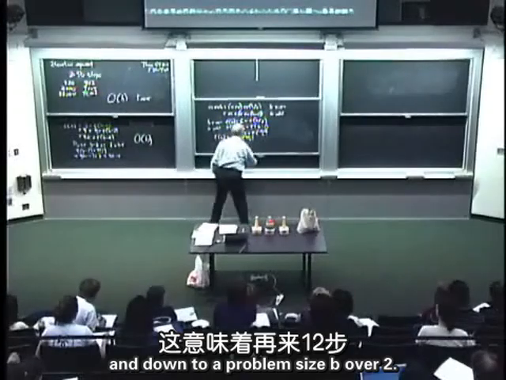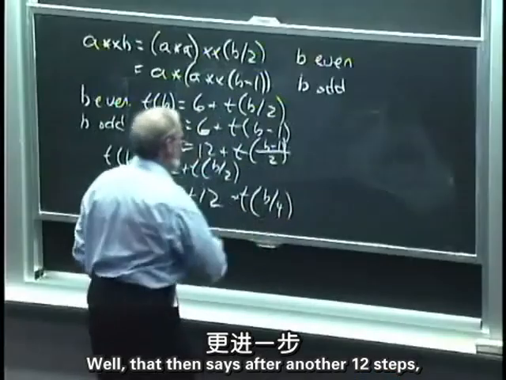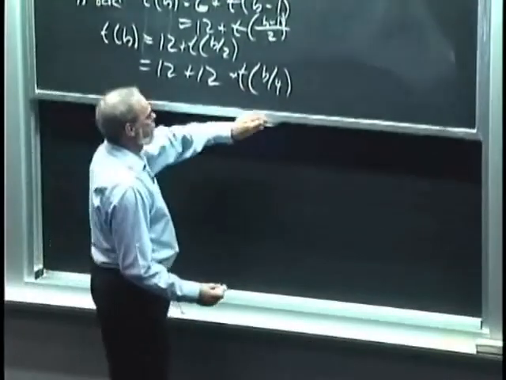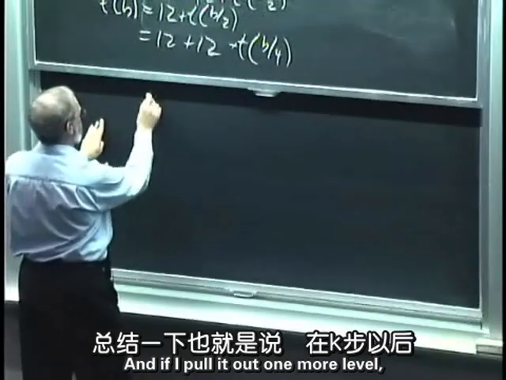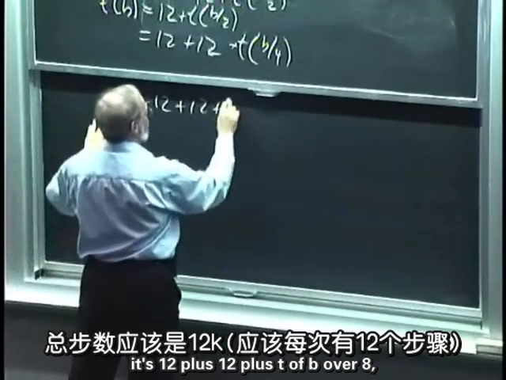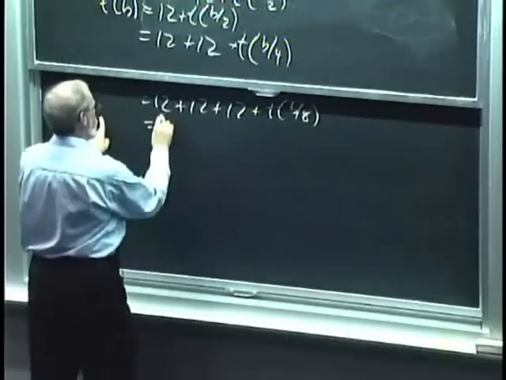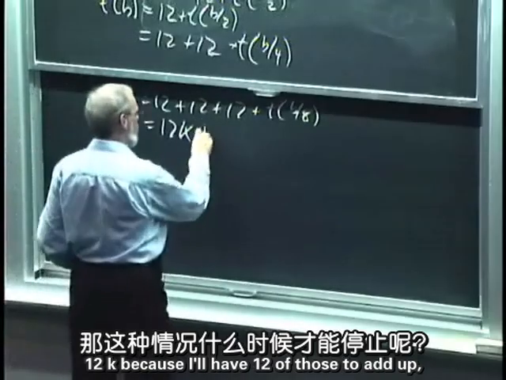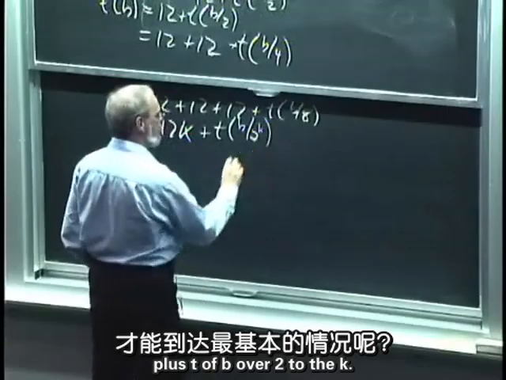Well, that then says after another 12 steps, I'm down to problem size B over 4. And if I pull it out one more level, it's 12 plus T of B over 8, which in general is going to be, after K steps, 12K, because I'll have 12 of those to add up, plus T of B over 2 to the K.